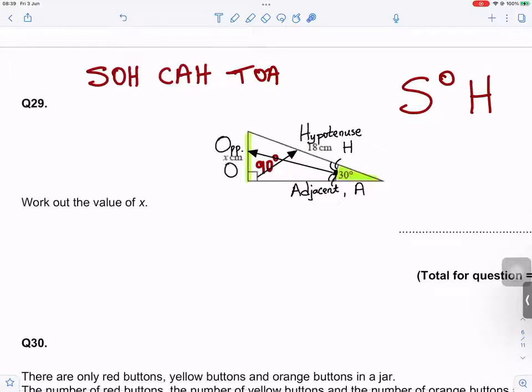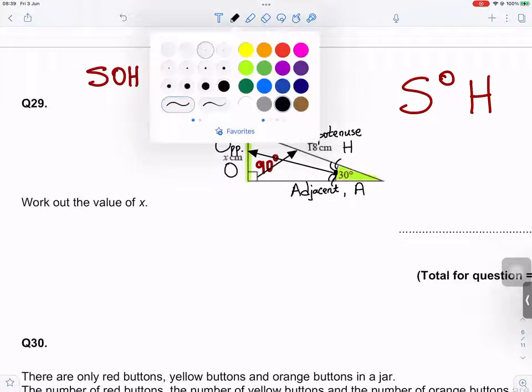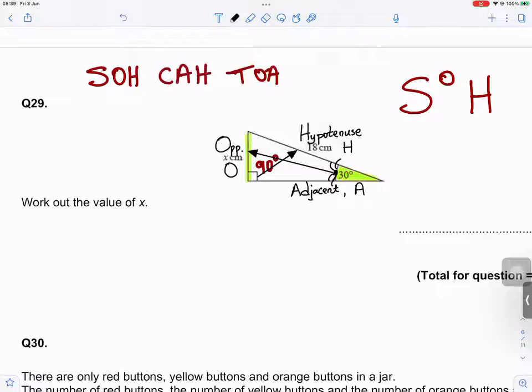The S is the sine. So it has the opposite, it has the hypotenuse. That's why we use sine for it.